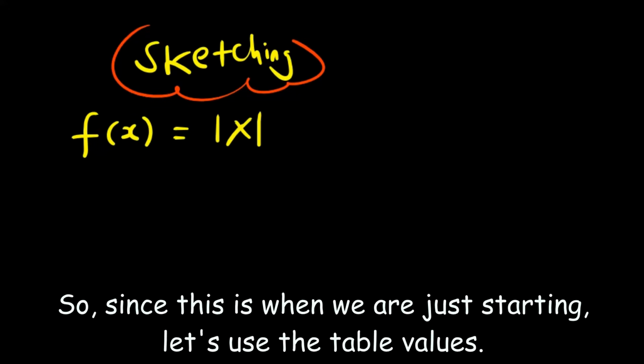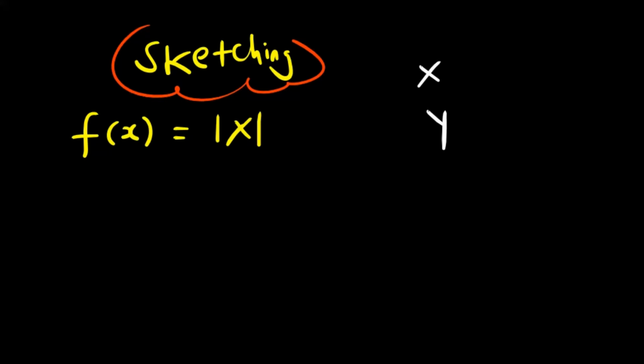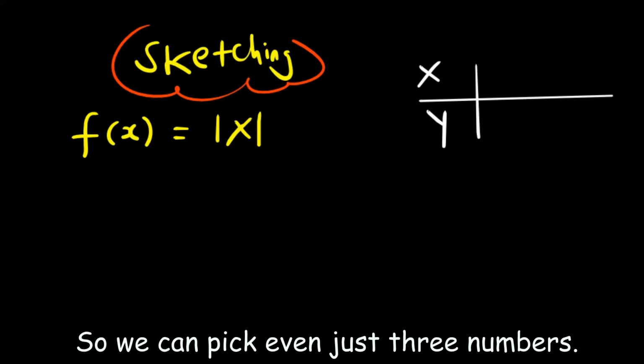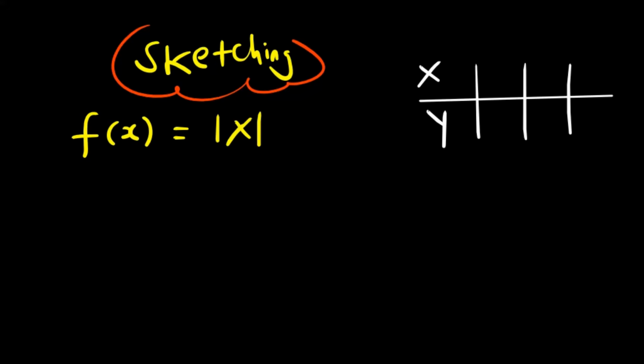Since we're just starting, let's use a table of values. We can pick even just 3 numbers. Let's say we start from 0, we start from 1, and we can even put negative 1 there.